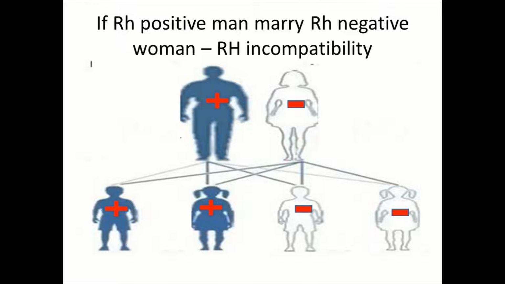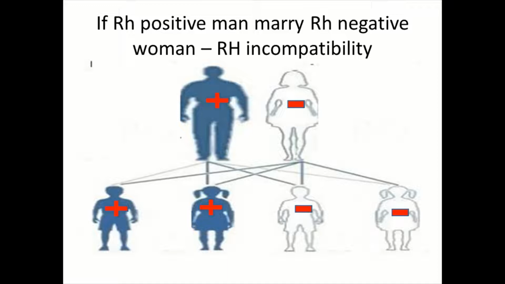The problem occurs if the husband is Rh positive and marries an Rh negative woman. Here Rh group incompatibility occurs. When an Rh positive husband marries an Rh negative woman, half of the children will have Rh positive blood group and half might have Rh negative.